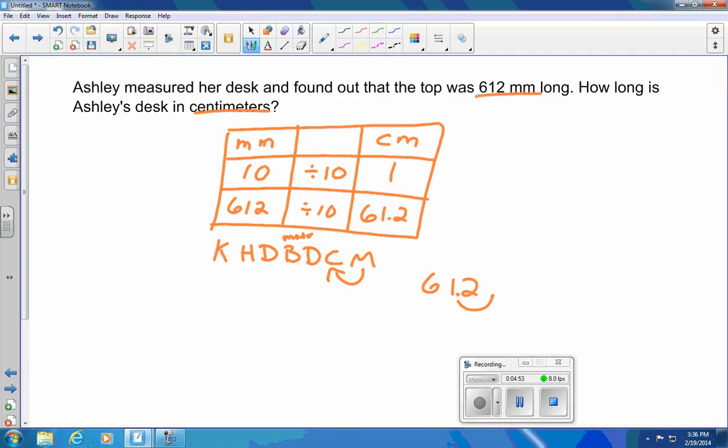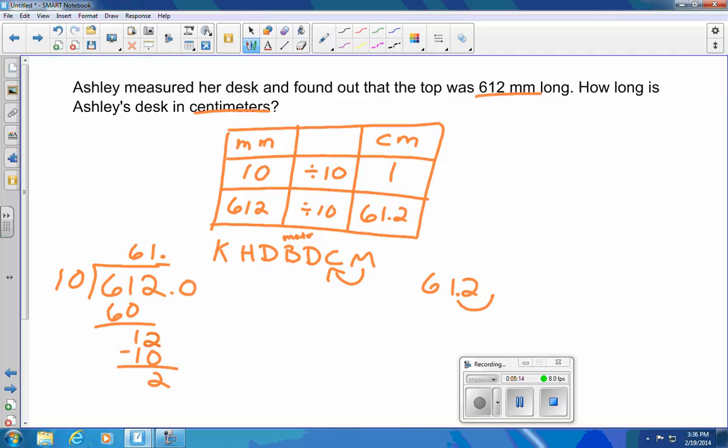And you'll see that this works out. If I actually took 612 and divided it by 10, got to remember my decimals there. So it's going to go in 6 times here. It's going to go in 1 time there.